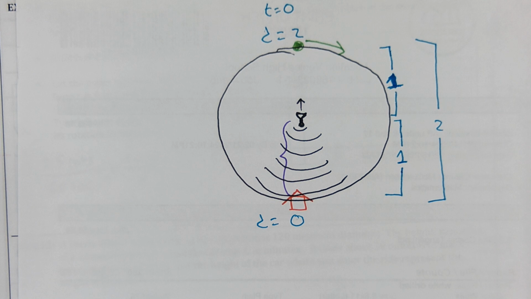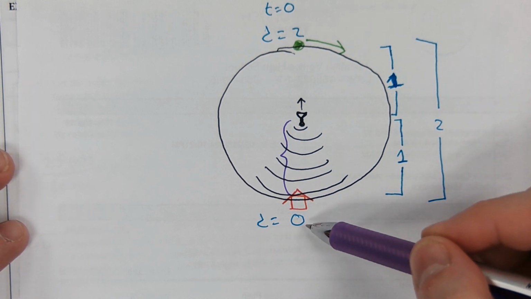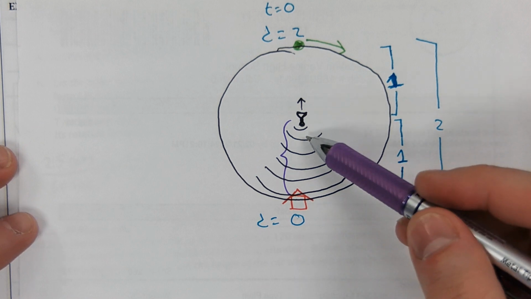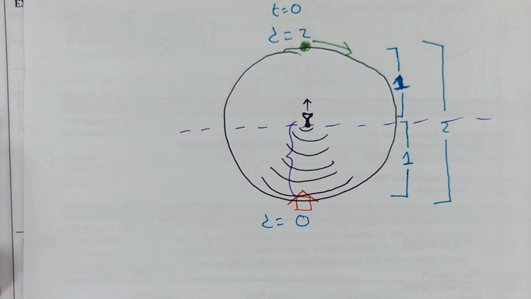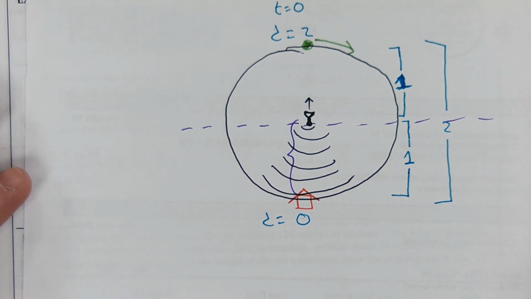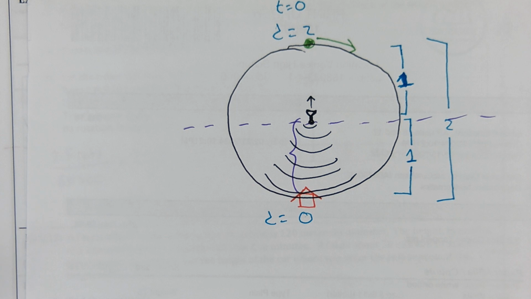What I was trying to ask was, if this is 0 and the radius is 1, there we go. Then our midline is always going to be the center of the system. For all of these circular motion models, your midline will always go through the center of the system.